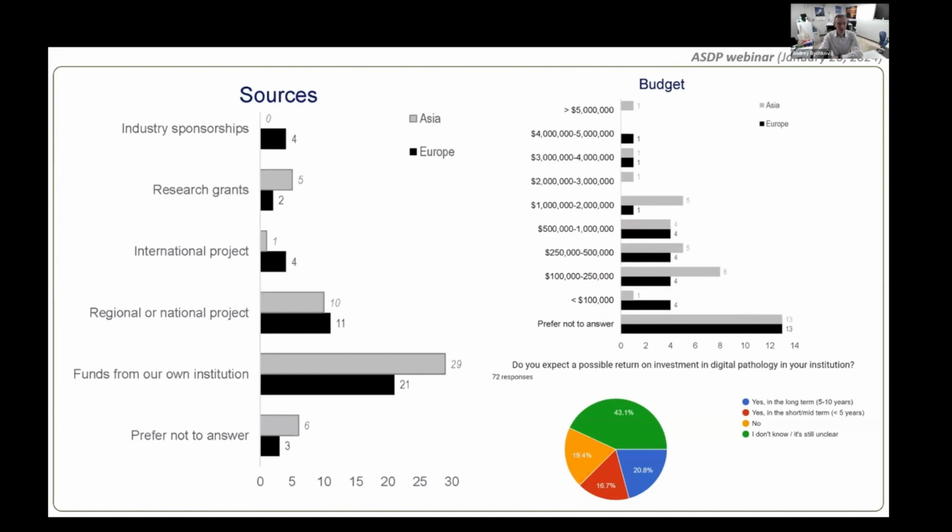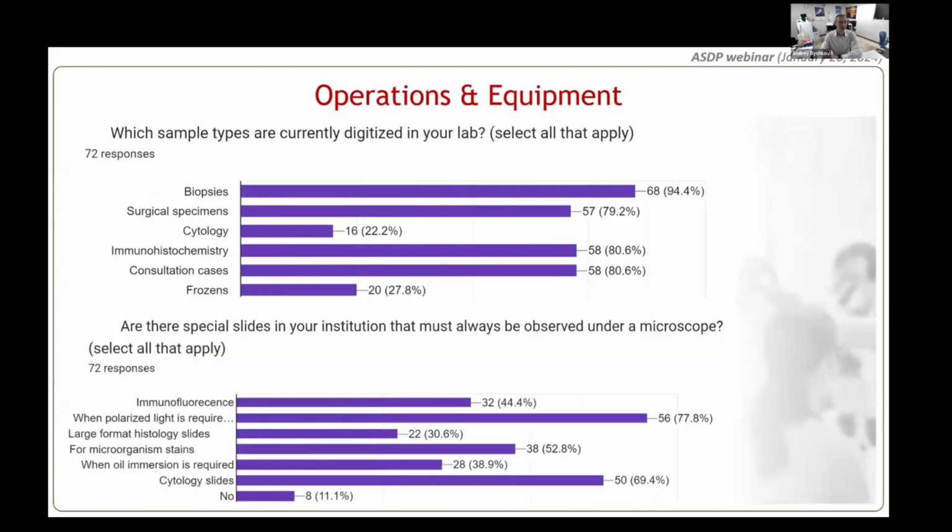Do you expect a possible return on investment in digital pathology in your institution? Most confessed that it is still unclear, or some said no. Only one third were true believers who expected that ROI could be achieved in the long or short to mid-term in their laboratory.